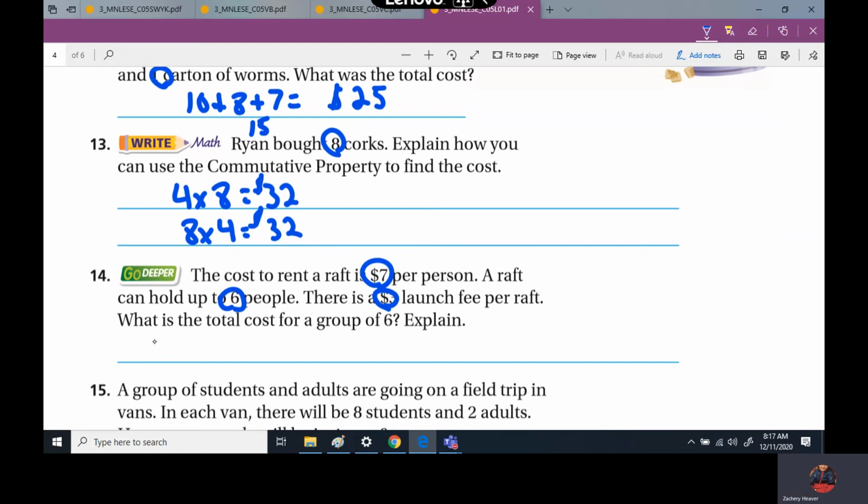So what we're going to have to do is find 6 people, who are all going to pay $7 to ride this raft, and that's going to be $42. But the raft charges you $3 extra to launch it out into the water, so we're going to have to add 3 to that. So 42 plus 3 makes $45.